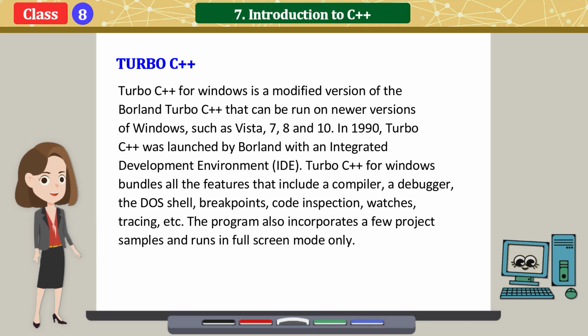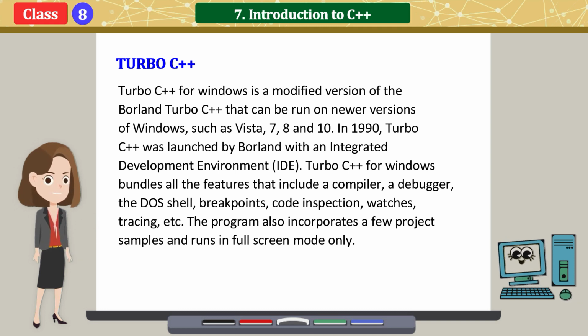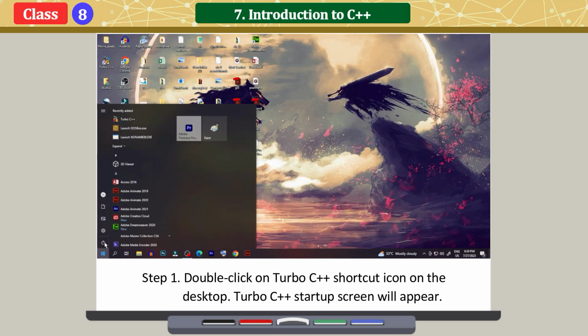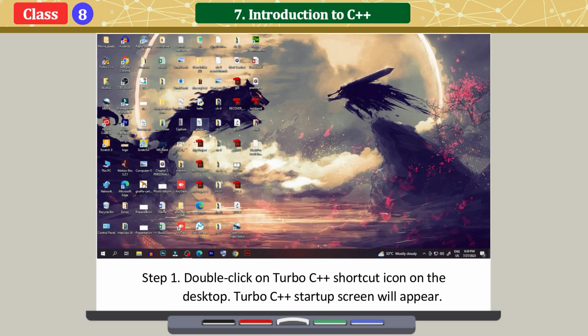Turbo C++ for Windows bundles all the features that include a compiler, a debugger, the DOS shell, breakpoints, code inspection, watches, tracing, etc. The program also incorporates a few project samples and runs in full screen mode only. Starting Turbo C++. Double-click on Turbo C++ shortcut icon on the desktop.